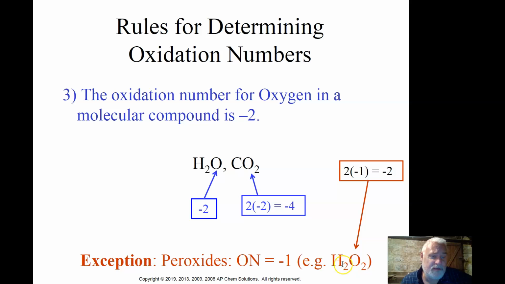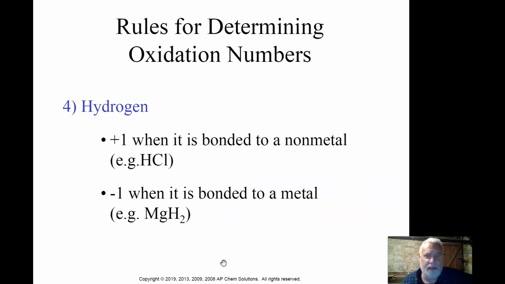Or you'll know that it's forced into it by the fact that hydrogen's always +1 in this instance. So oxygen is being forced into having a -1 charge. As you can see, this has to offset this. It couldn't have a -2 charge because then it would have -2 left over, and that's not the case. So a peroxide is an exception.